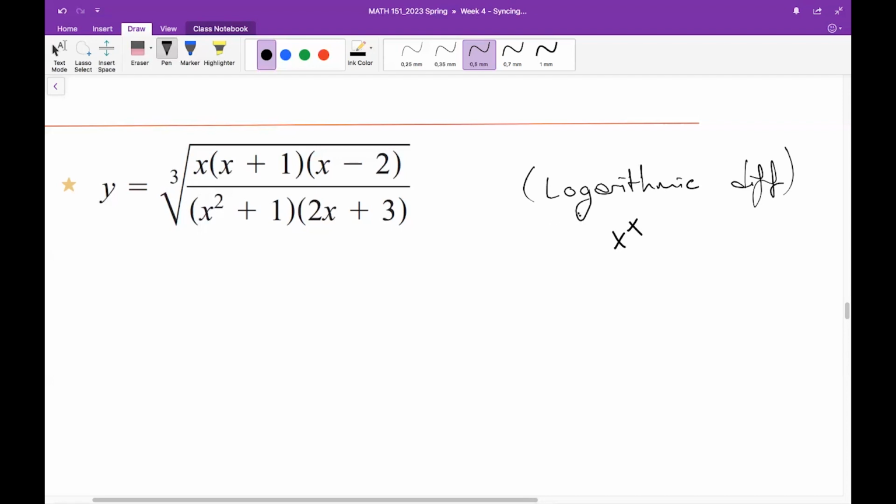Keep this in mind that logarithmic differentiation is applied to such forms where you have both x-dependent function on your base and on your power. This is for sure. Then you need to apply logarithmic differentiation to find the derivative. But also for functions which are very loaded, which contain lots of compositions like this one, using logarithmic differentiation will simplify the computation for you.